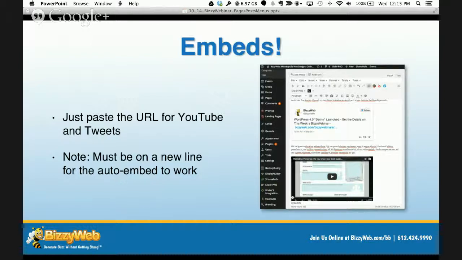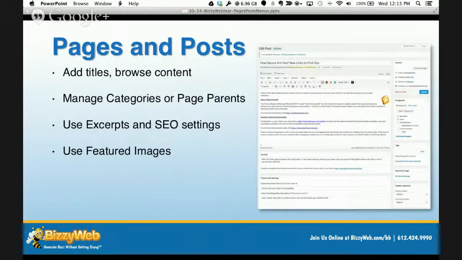It'll put in your image, your Twitter handle, a follow button, the actual content of the tweet, if you have any links, and then the ability to reply, retweet, or favorite that tweet, all from inside WordPress. All I needed to do this was paste the URL into that link. So very, very slick stuff.